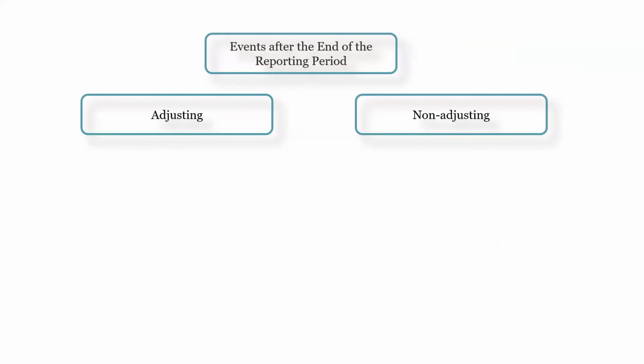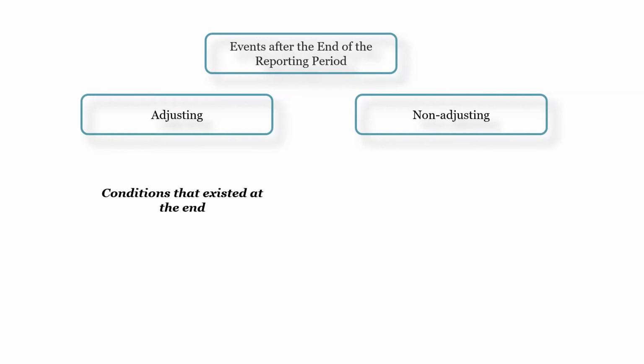So, paano ba natin malalaman if adjusting or non-adjusting event siya? So, pag adjusting, the conditions exist at the end of the reporting period. So, ibig sabihin, at the end of the reporting period, nag-e-exist yung condition na yun.